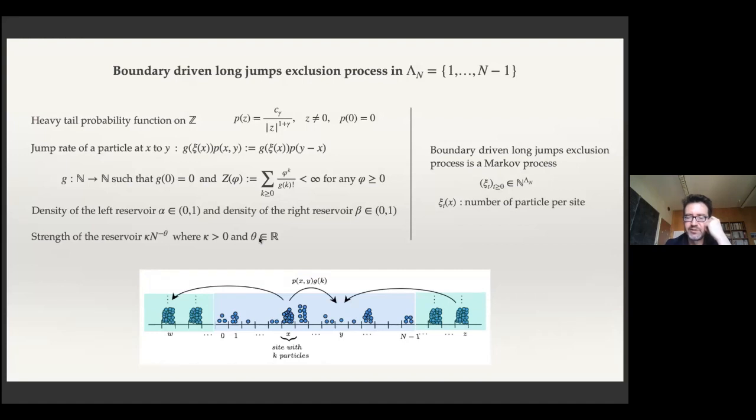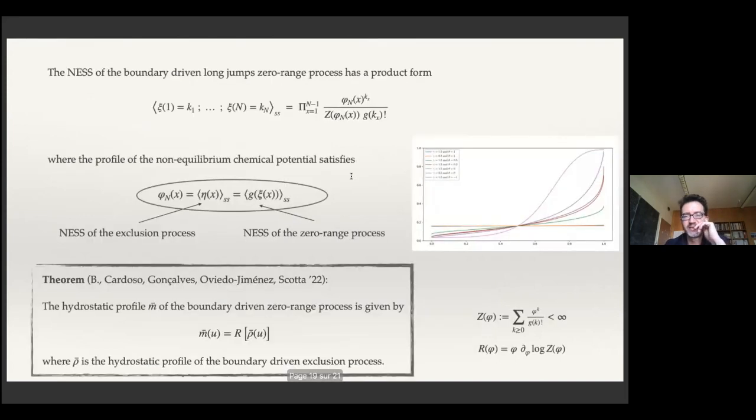rigorously, but for the hydrostatics and the properties of the NESS, we can go further, because in fact, the NESS of this system is simpler. In fact, the NESS, the non-equilibrium stationary state of the boundary-driven long jumps zero-range process has a product form. It is something which is well known for the nearest neighbor, but it has a product form.